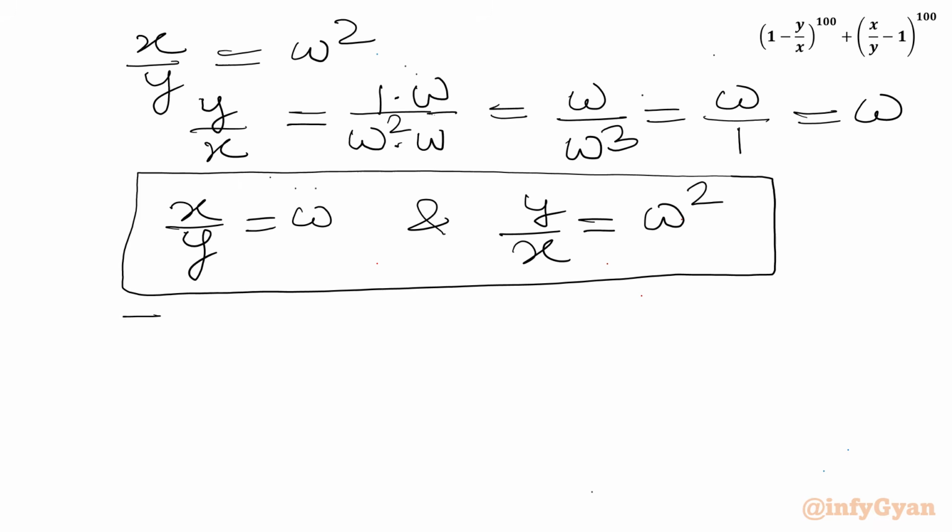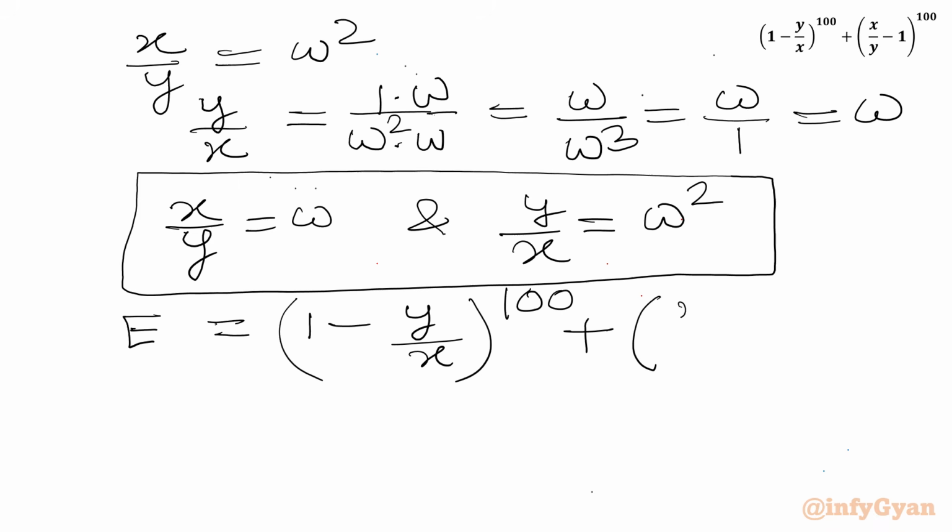Now I will write our required expression E. This will be equal to (1 minus y over x) whole power 100 plus (x over y minus 1) whole power 100. Let us write our given equation once more: x square plus y square plus xy equal to 0.